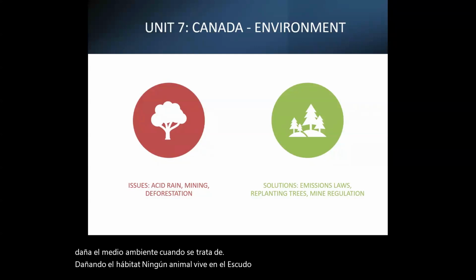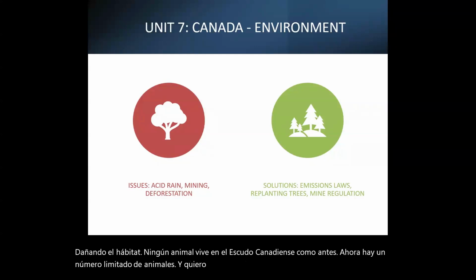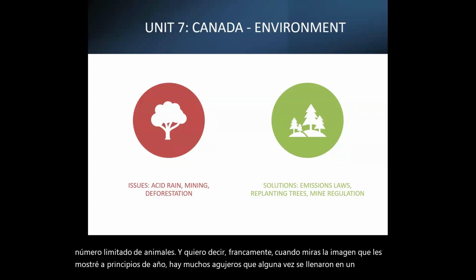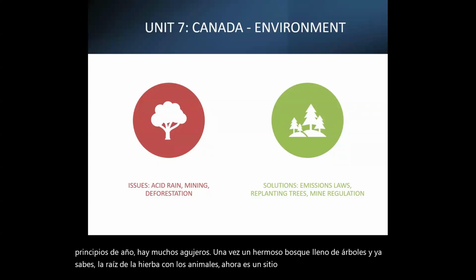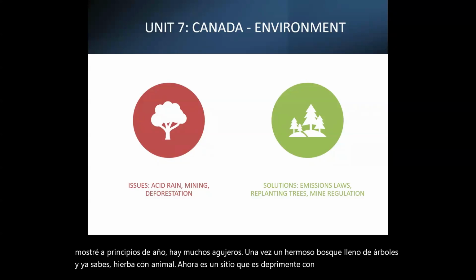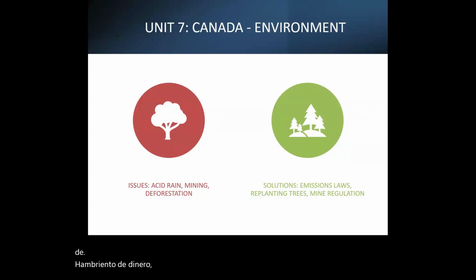Now there are limited animals. And quite frankly, when you look at the picture I showed you earlier in the year, there are a lot of holes. Once a beautiful forest filled with trees and grassroots with animals is now a depressing site with a bunch of money-hungry, greedy industry.